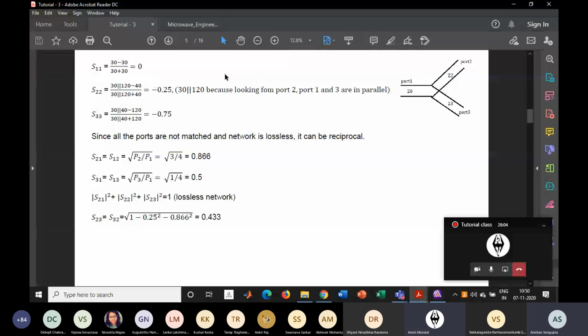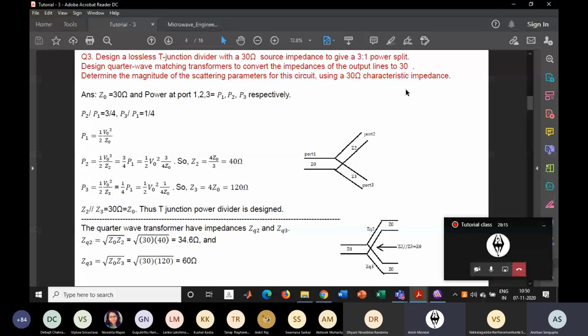Yes, sir. But it's not matched, right? We are not matching the circuit, we are only converting it to 30. Yeah, because there are two parts. For the first part, it is saying if you want to match, then what should be the length and characteristic impedance of the quarter wave matching. And in the second part, they are not considering the quarter wave matching. They say it is unmatched.